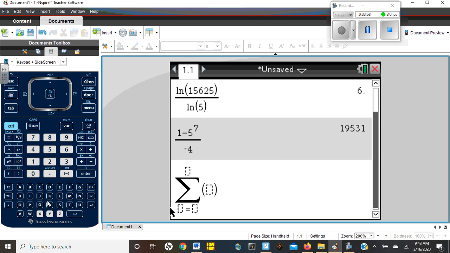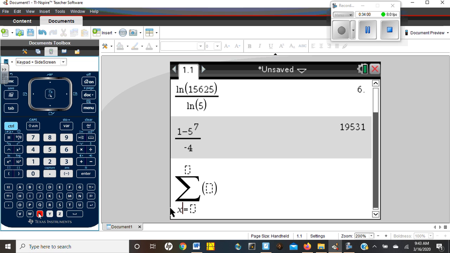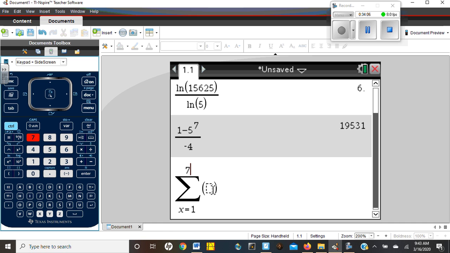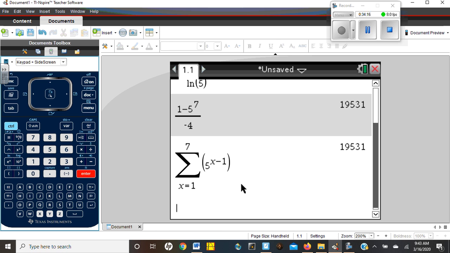And it allows you to pick your, you might as well just use x here, from 1 to 7. What was our formula? Wasn't it just 5 to the x minus 1? Isn't that amazing? Wasn't that simple?